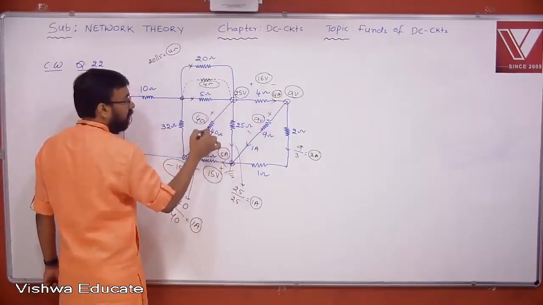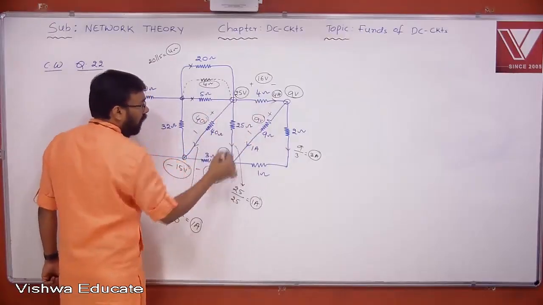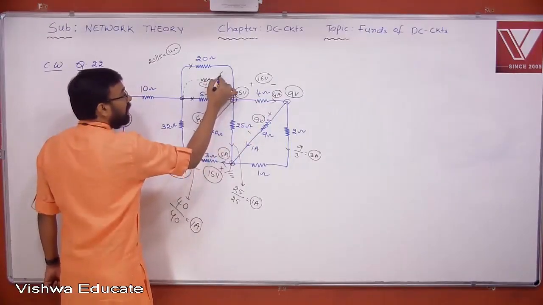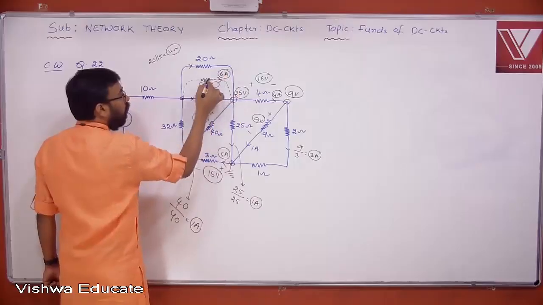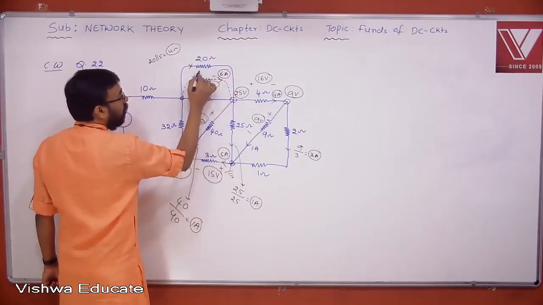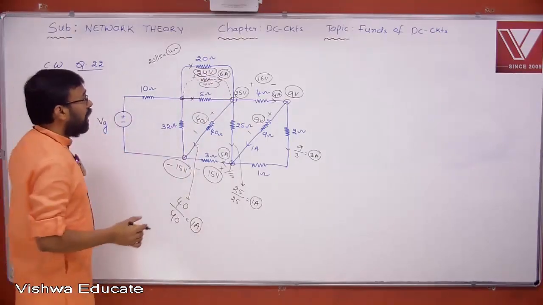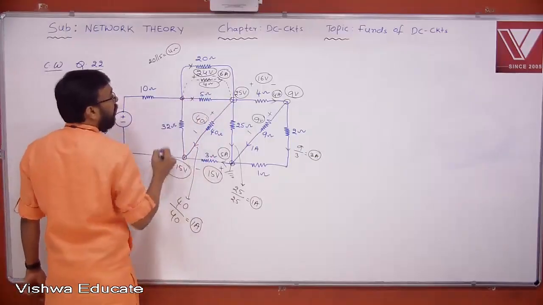Current here and here. Can't you find the current here now? 1 ampere, 4 ampere, 1 ampere. Total how much here? 6 ampere. Now what is the voltage here? You come to know 6 into 4, 24 volt. You understand, all of you? Now jump from this point to this point.